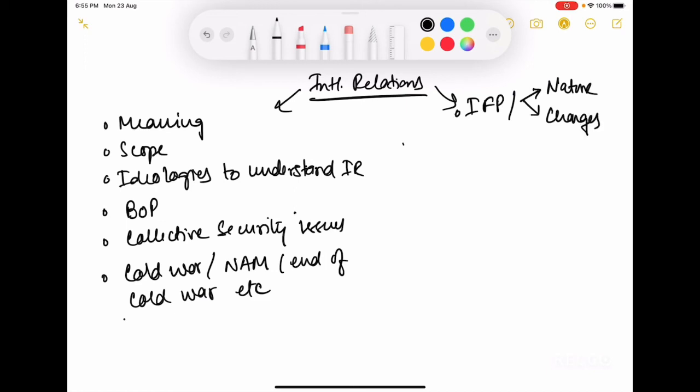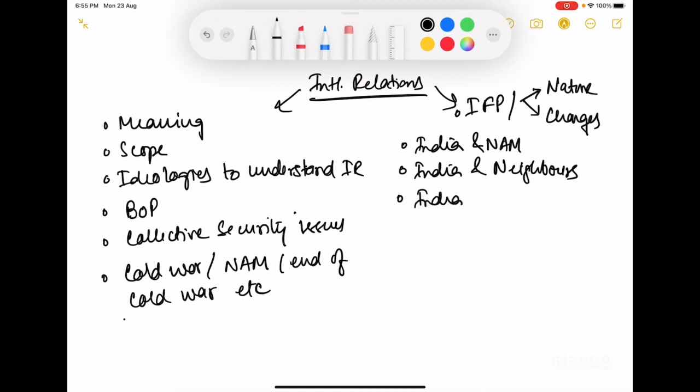This is number 1. Number 2, you have India and NAM. Number 3, you have India and its neighbors. Number 4, you have India and South Asia. Number 5, you have India and Global South.